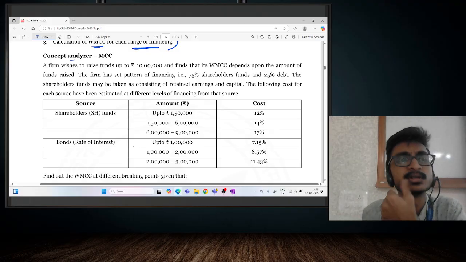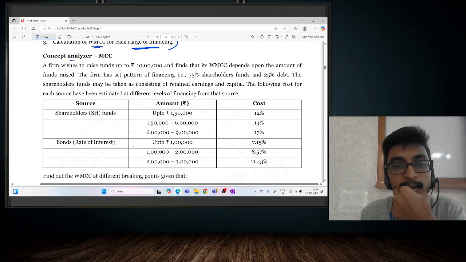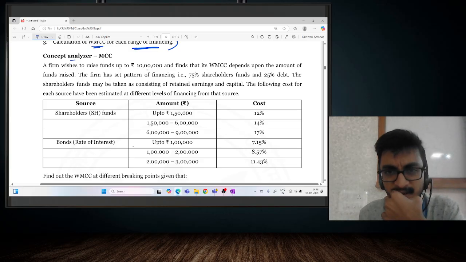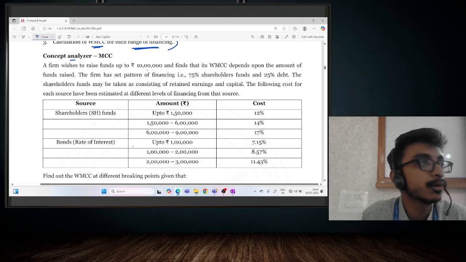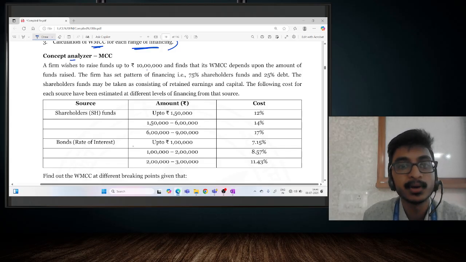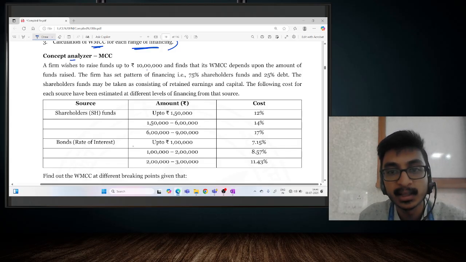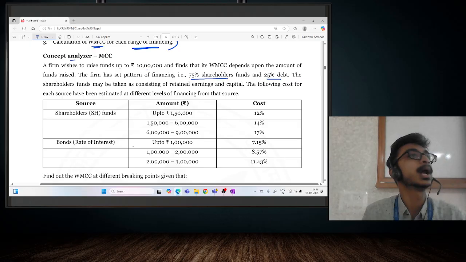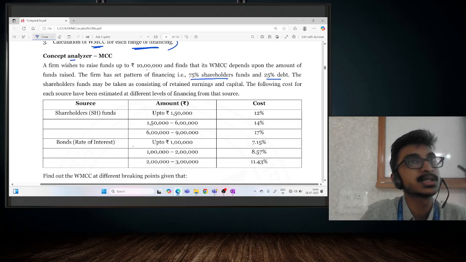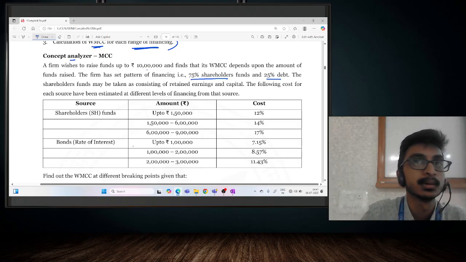A firm wishes to raise funds up to 10 lakh rupees and finds that its weighted marginal cost of capital depends upon the amount of funds raised. The firm has set pattern of financing, that is 75% shareholders fund and 25% debt. Now, in the calculation of weighted marginal cost of capital, what is the first step?